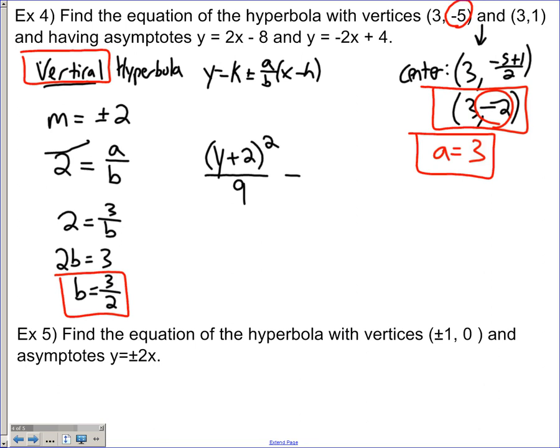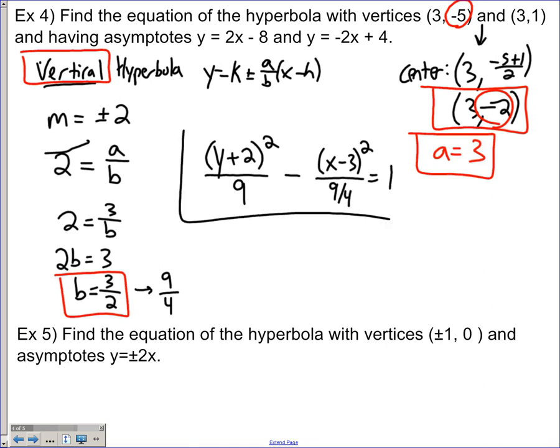And then we're going to subtract x minus 3, quantity squared, over b squared. In this case, that's going to be 3 squared over 2 squared, so 9/4, always equal to 1. So there's our final equation.